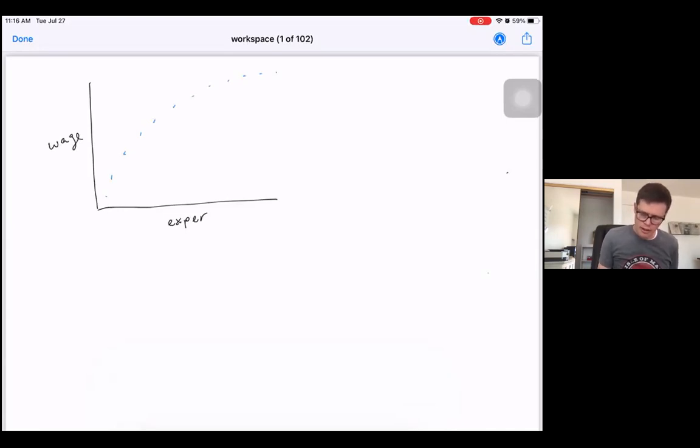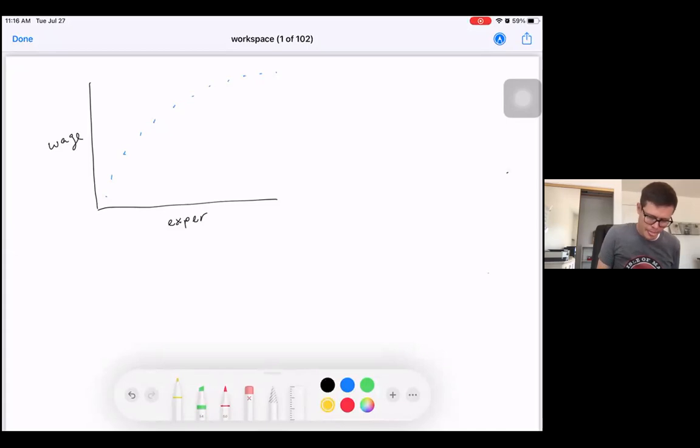If we try to fit this with a regression line, a straight line is just going to do a bad job. So if we tried to estimate wage equals beta naught plus beta 1 times experience, that is not going to do a great job because there's obviously this kind of curve in the data.